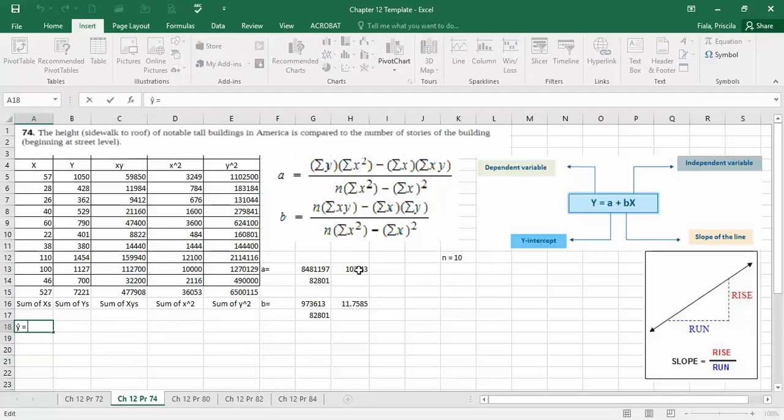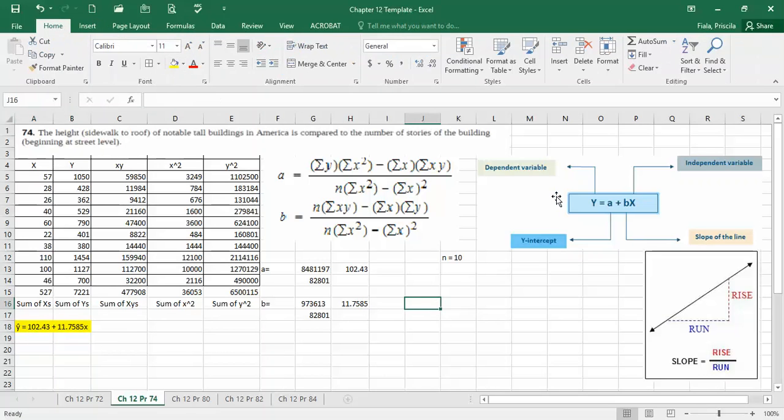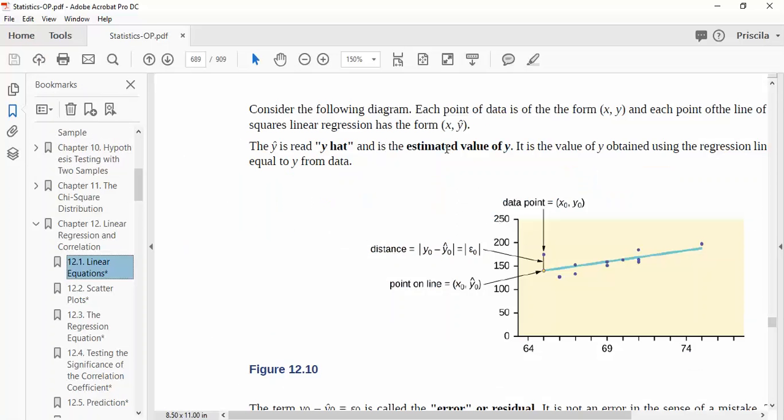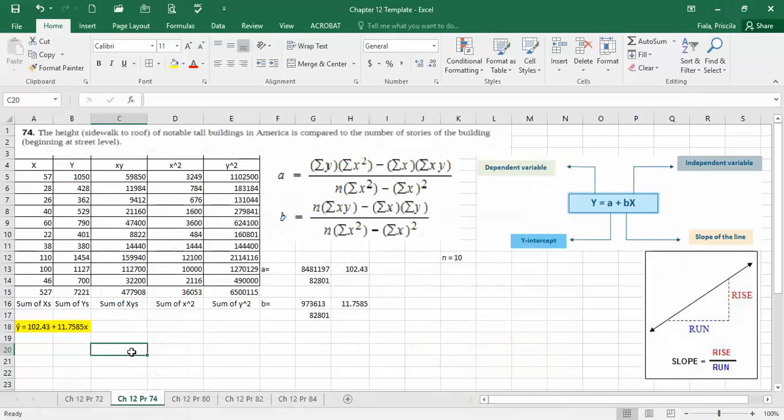Equals your y-intercept, so 102.43, plus 11, your slope, times x, should I say. So then you would have your line of best fit right there, your linear regression equation, right? It's written as y hat, the estimated value of y, which is your prediction. It's going to be these values.